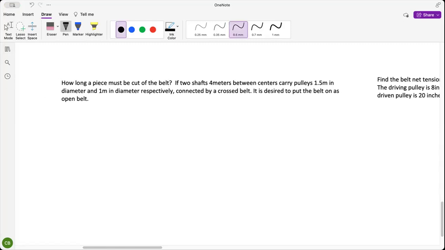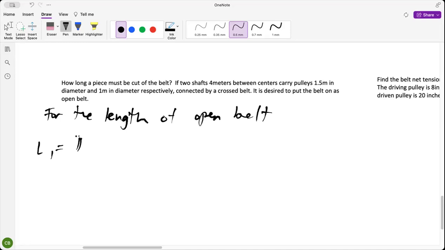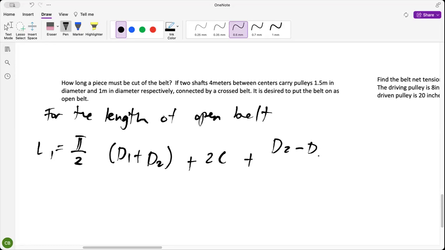So we do the length of an open belt. The formula for that is L1 equals pi over 2 times the quantity D1 plus D2, plus 2C, plus (D2 minus D1) squared all over 4C.